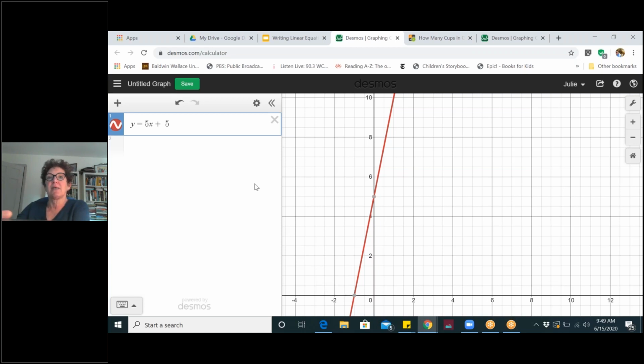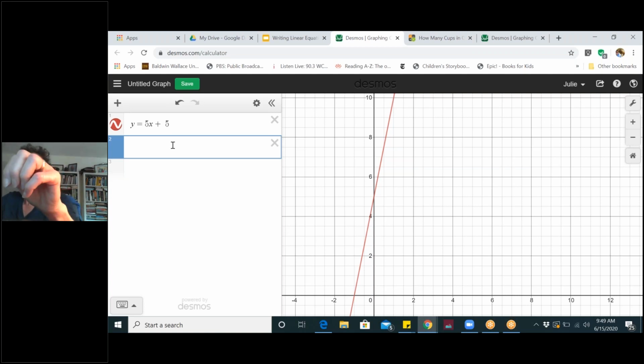Let's make another equation. Notice I would just go right up here and hit that top one, which says f. That means a function. It's an equation that is a function because for every x, there is only one y.